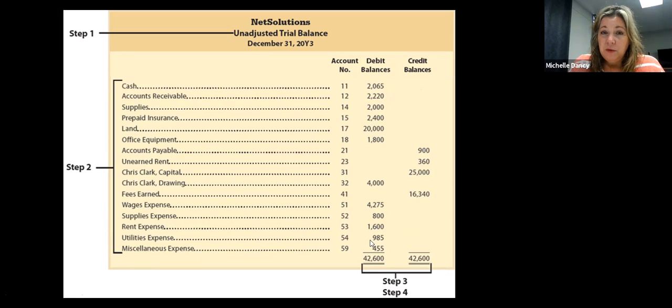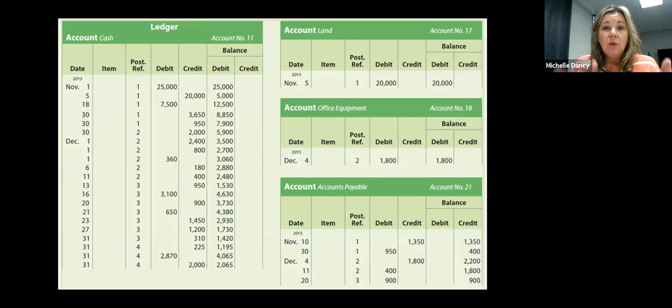So stop and think with me for a second. When we are journalizing, debits always equal credits. Every single journal entry, debits equal credits, which means all the debits in the journal would equal all the credits in the journal. Okay. Then we take that information from our journal and we put it into our ledger accounts.